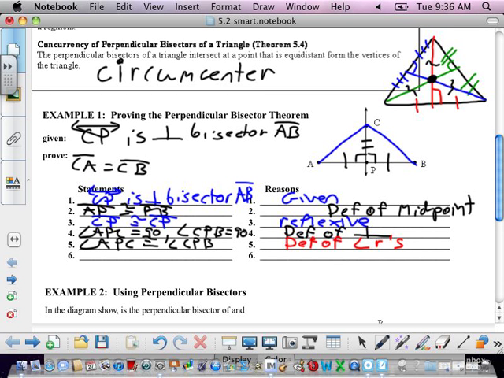Side angle side. Triangle APC is congruent to triangle CPB by side angle side. Okay. So what do we know about CA and CP?